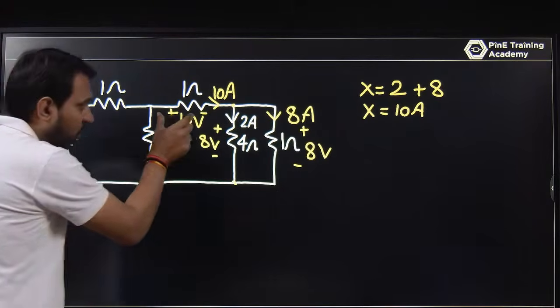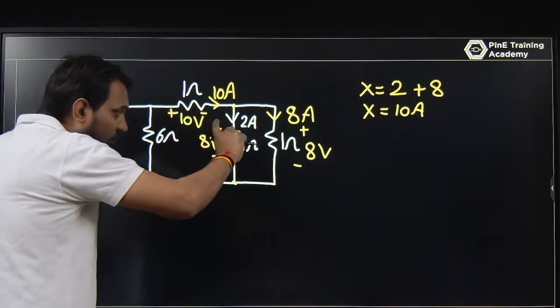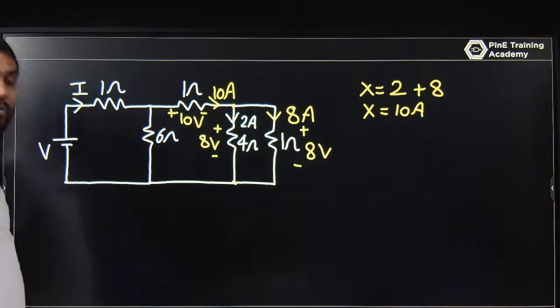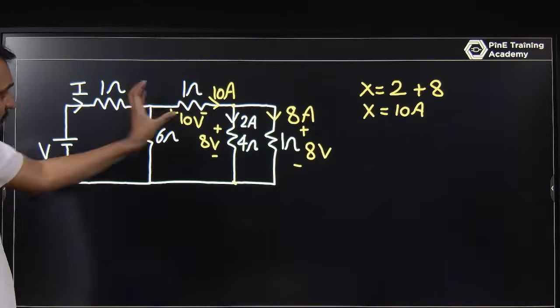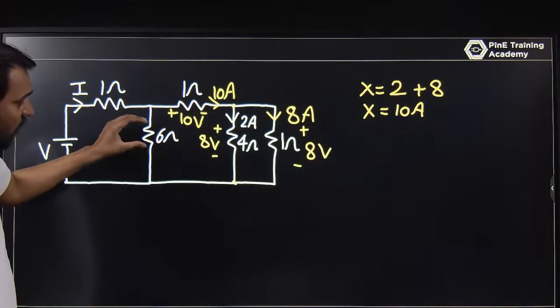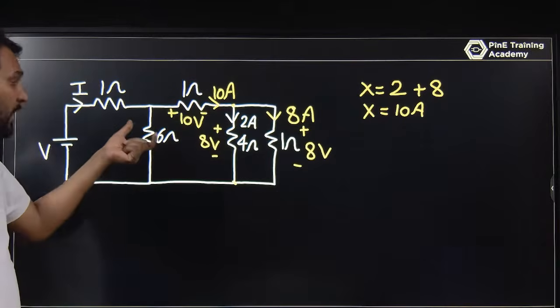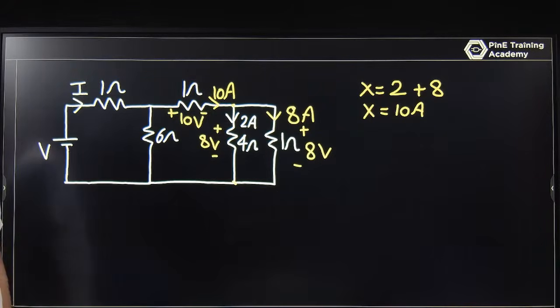If you know this branch voltage, you can define the voltage across the 6 ohm, with the help of KVL. If this is Z1, this is Z2, this is Z3, and you don't know the Z1 voltage but you know the Z2 and Z3 voltages, you can determine Z1.